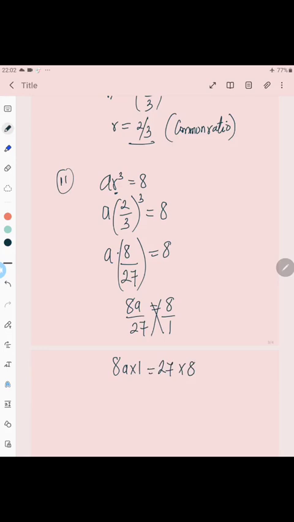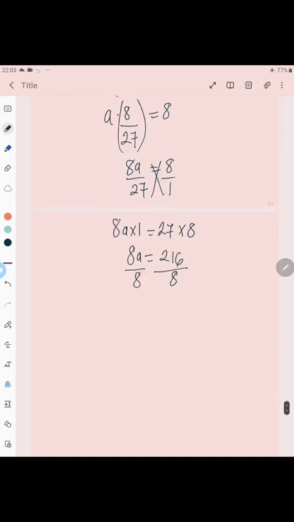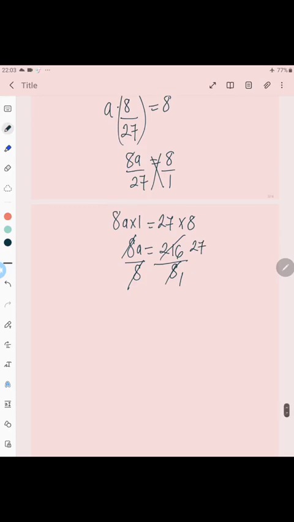So 8A is equal to 216. From here, we divide both sides by 8 to get the value for A, because 8 is the coefficient of the unknown, A. So 8 cancels 8, and 216 divided by 8 gives us 27. So we have A is equal to 27, and this is the value for the first term as asked in the question.